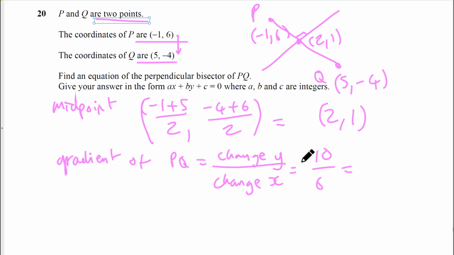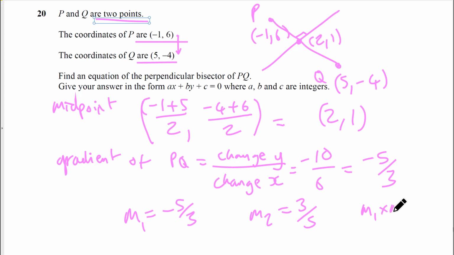It's going downhill, so that is negative. So that's minus 5 over 3. So I'm going to say m1 equals minus 5 over 3. So m2 must equal 3 over 5, because you remember m1 times m2 equals minus 1 to make it perpendicular.